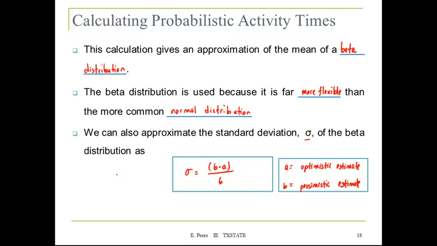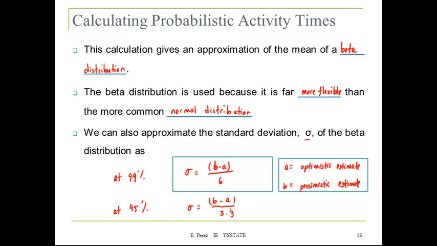And this is for when you are accounting for 99% of the sample. So at 99%, we can estimate this standard deviation of the beta. We can also use the estimate at 95%, and that sigma will be equal to b minus a divided by 3.3.